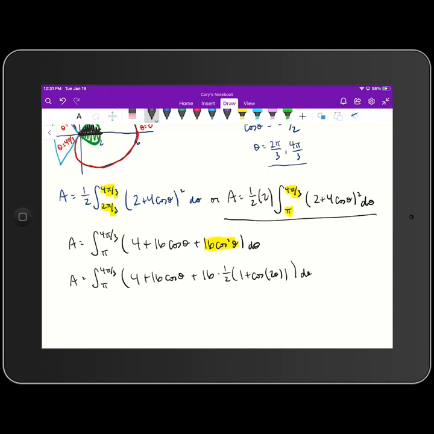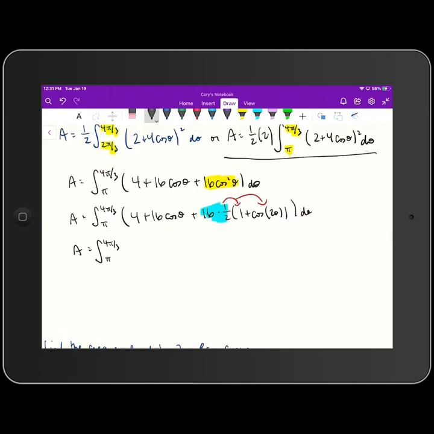And then I'm going to combine a couple of steps here. Okay, so I'm going to multiply 16 times 1/2, which gives me 8. And then I'm going to distribute that across both of these terms. And then I'm going to combine the constant terms. Okay, so we get A equal to the integral from pi to 4 pi over 3.